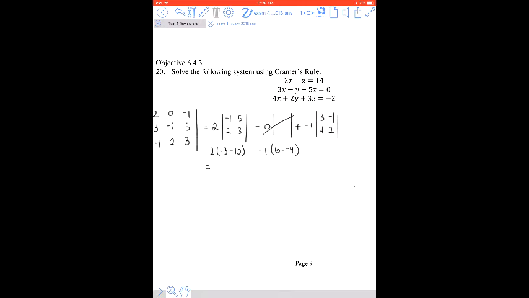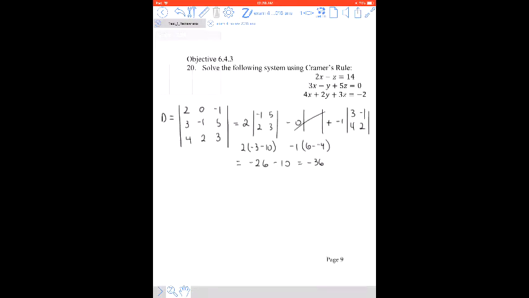So 2 times -13, that's -26. And then 6 minus -4 is 10. 10 times -1 is -10, so that's -36. Now the next determinant is going to be the d sub x.